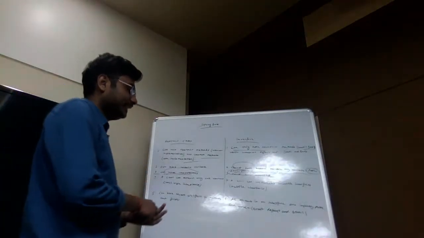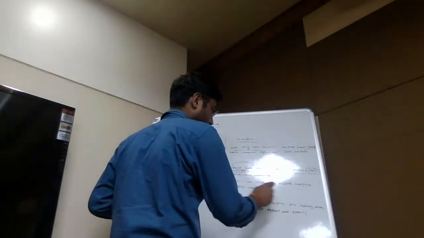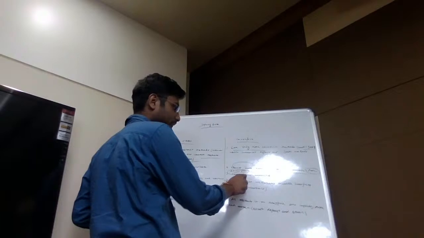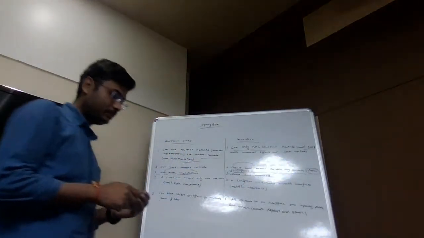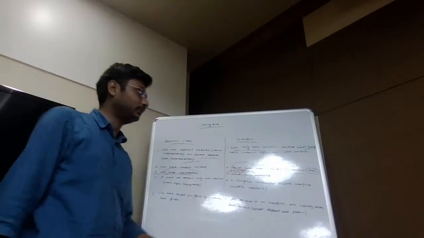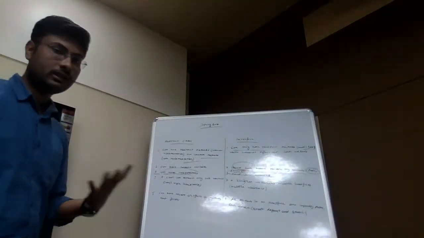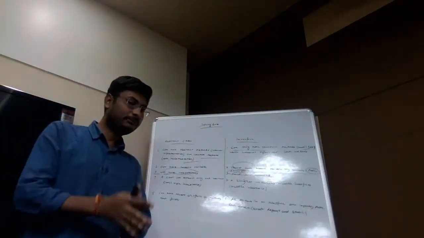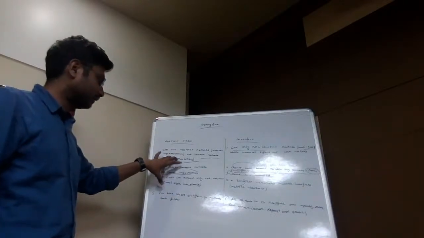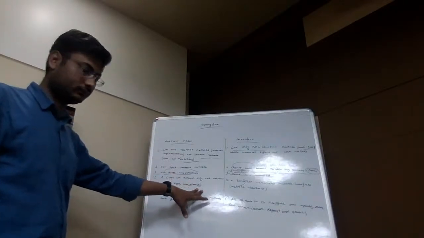So multiple inheritance is achievable in case of interface. We can implement as many interfaces as we want, but in case of abstract class, we can extend only one class.